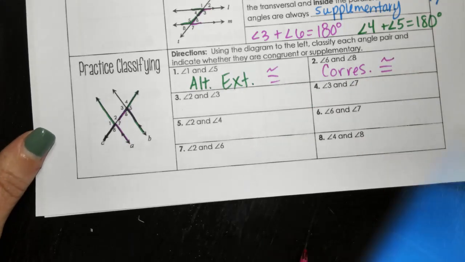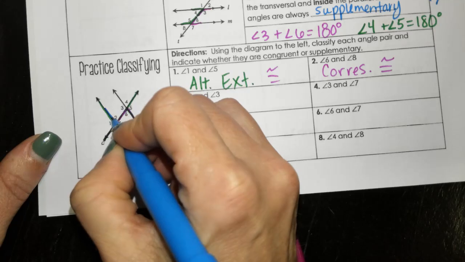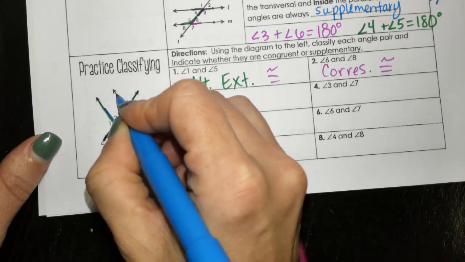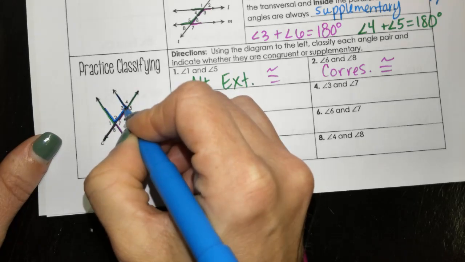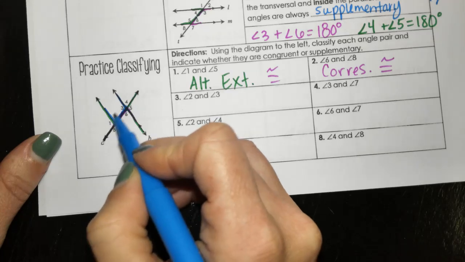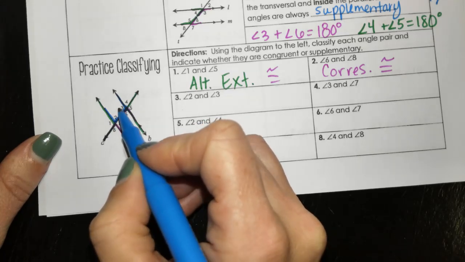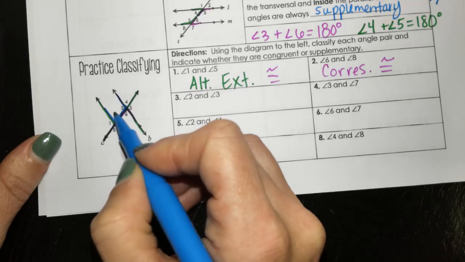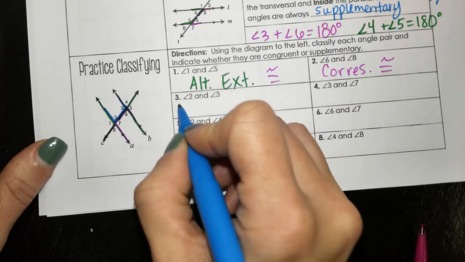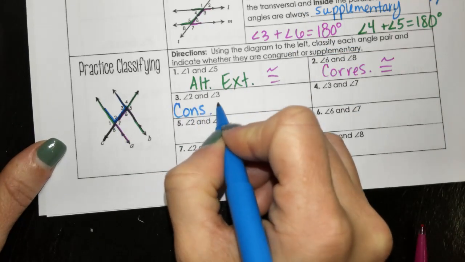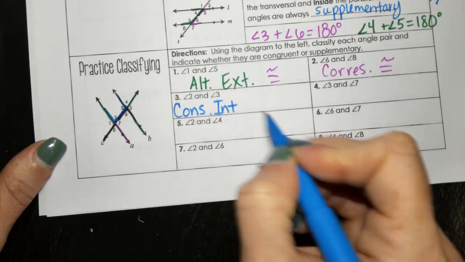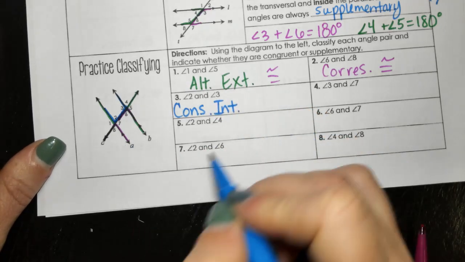All right, angle 2 and angle 3. These are on the same side of the transversal, so that means they're consecutive. And they're on the inside, so that means they're interior. So we would say consecutive interior angles there. Those are not congruent.